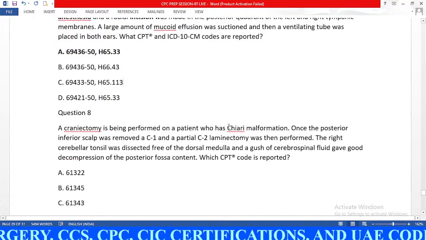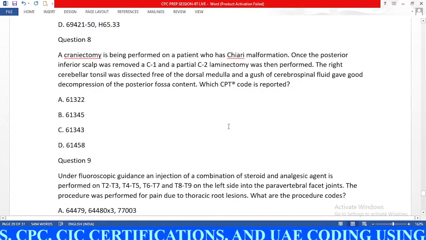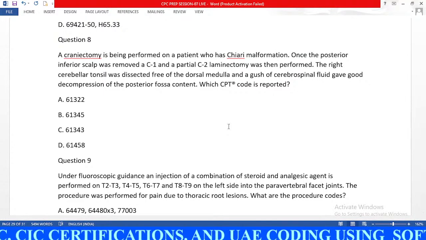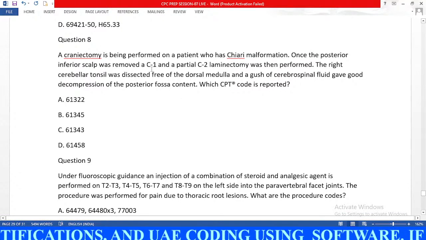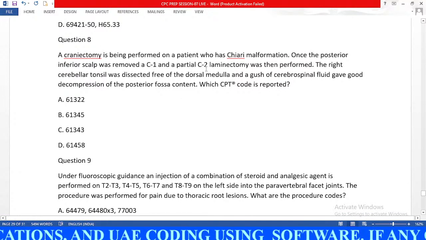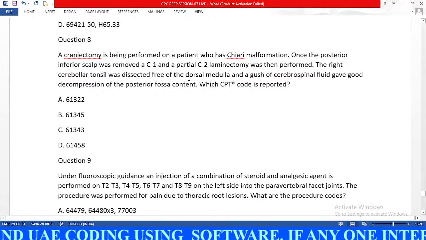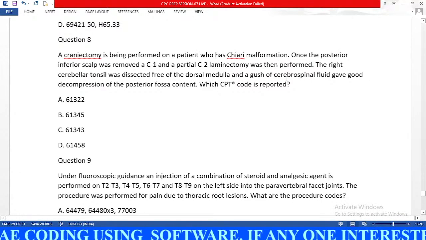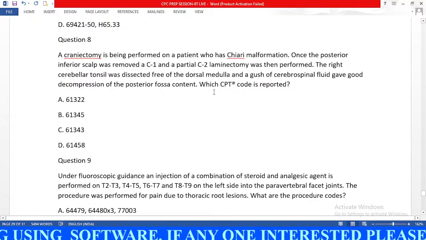Well done. So we'll go ahead with question number 8. A craniectomy is being performed on a patient who has Chiari malformation. Once the posterior inferior scalp was removed, a C1 and a C2 laminectomy was then performed. The right cerebellar tonsil was dissected free of the dorsal medulla and a gush of cerebrospinal fluid gave good decompression of the posterior fossa content.